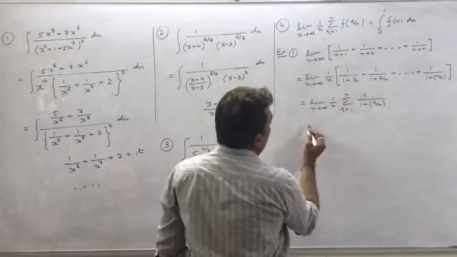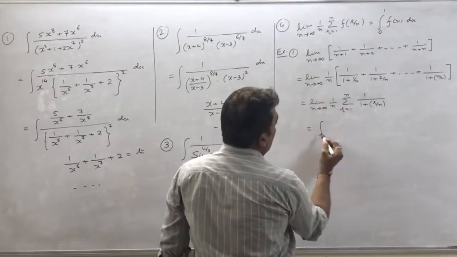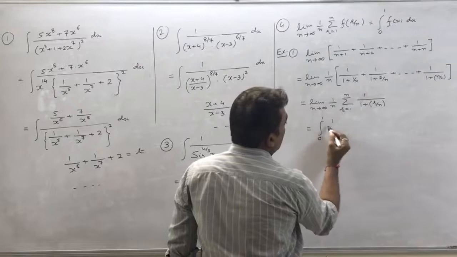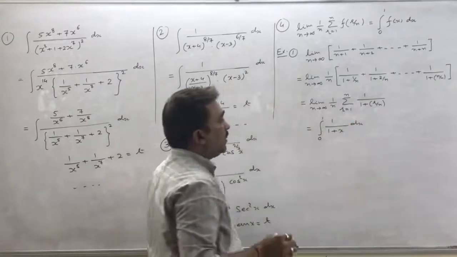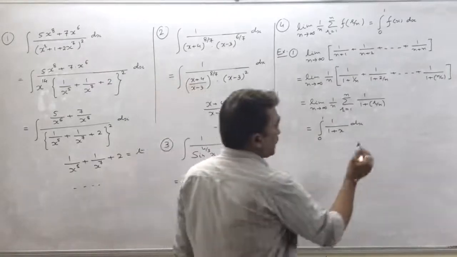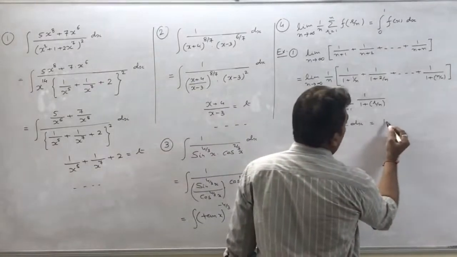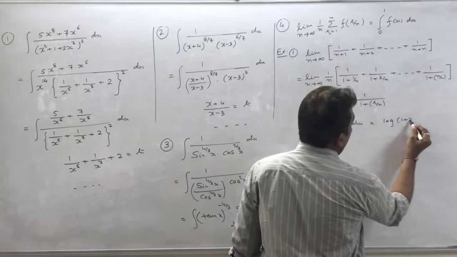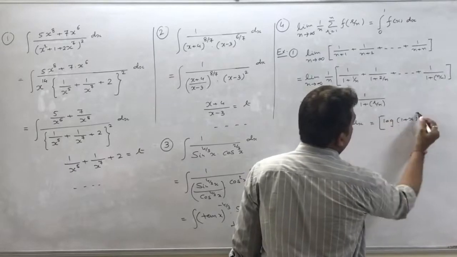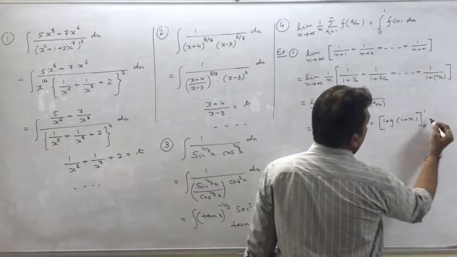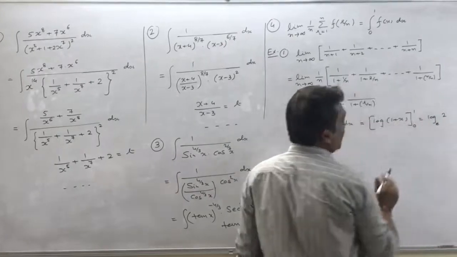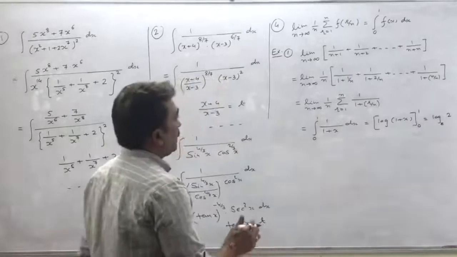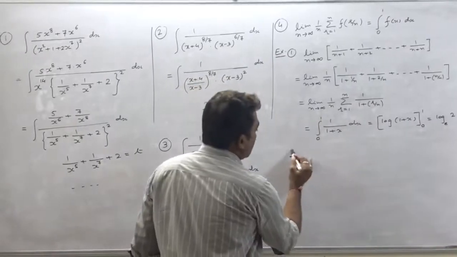Then this term is integral 0 to 1 of 1 upon (1 plus x) dx. Its integral is log(1 plus x) from 0 to 1, and your answer is log 2 to the base e, upper limit minus lower limit. You get it.